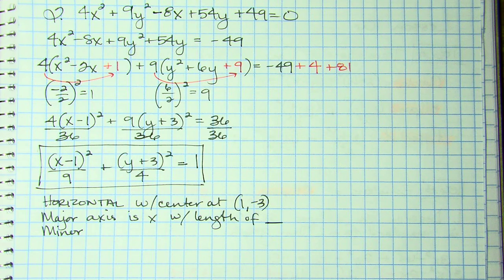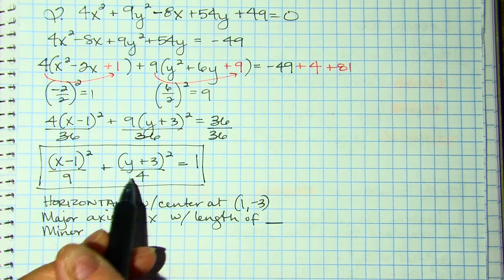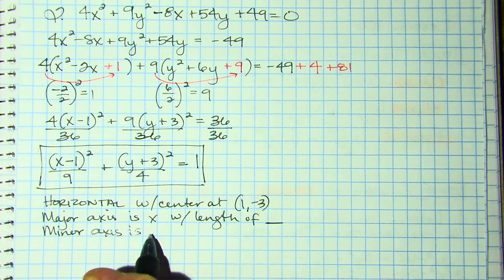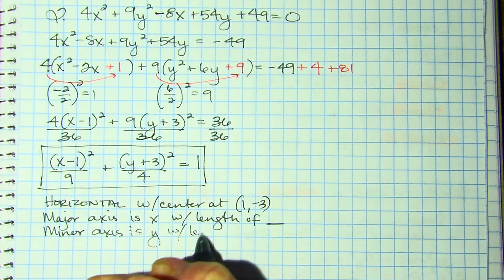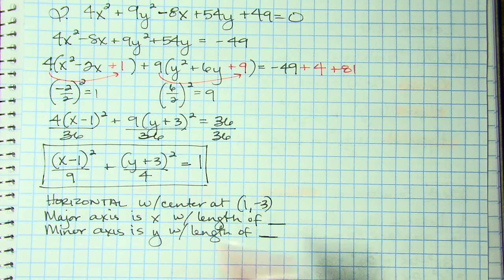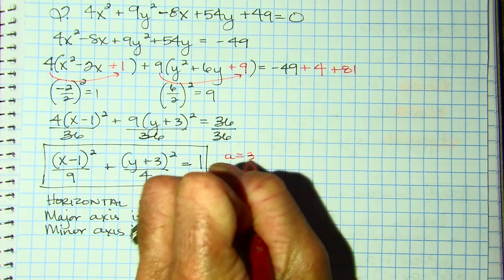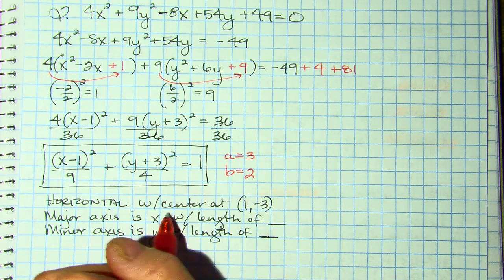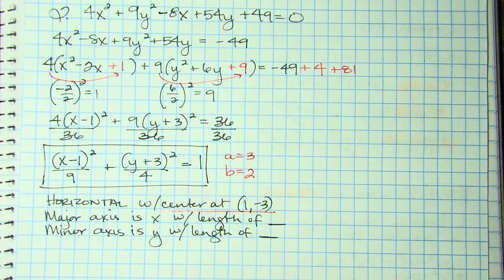So it's longer across x. It's shorter across y, so my minor axis is y with length of, and we'll fill that in later. So I have A is 3 and B is 2, and my center is 1, -3.